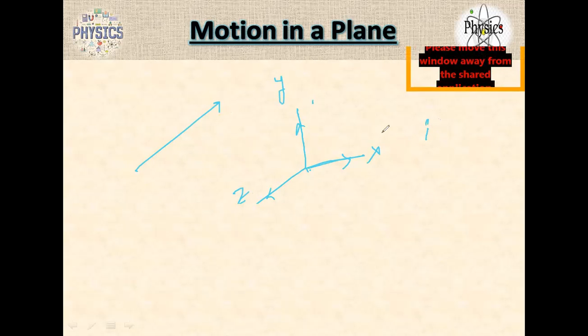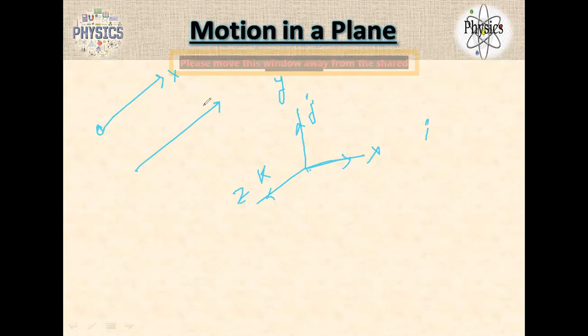We have discussed these unit vectors i, j, k. If I want to say the object is moving in one direction, along the x direction, or even the north direction, I am considering north as the x direction, unit vector i. So I don't need any more coordinates. One x coordinate is enough, right?